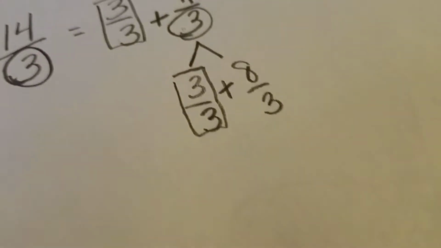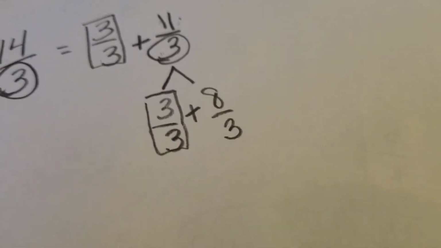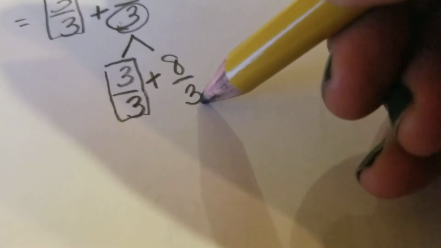So 3/3 plus 8/3. Once again, another improper fraction. Break it down again. Take another whole out. Now, I had 8 pieces to begin with, 8 tiles. I took 3 of those tiles to make a whole, so now I only have 5.